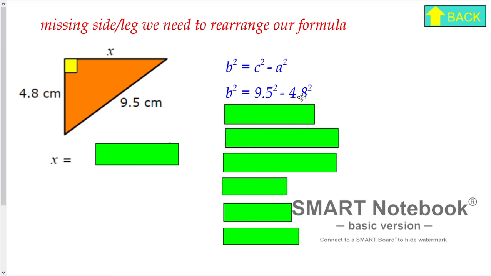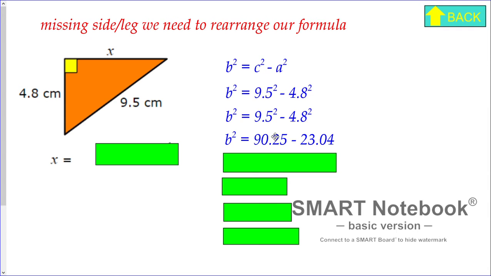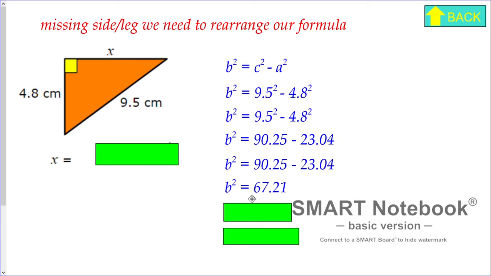Okay, so now again, this is probably a calculator question. We're going to subtract 90.25 minus 23.04 when we square those numbers. We end up with b squared equals 67.21.